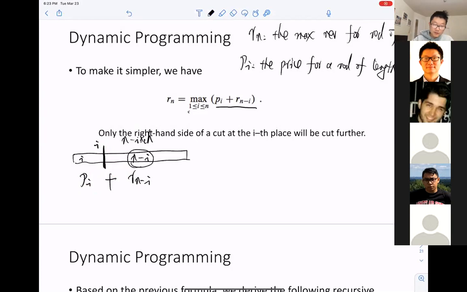We try i from 1 to n. That covers all the possible places of the left cut, as early as here and as late as here. If we make the leftmost cut at the end place, it means we don't cut the whole piece.